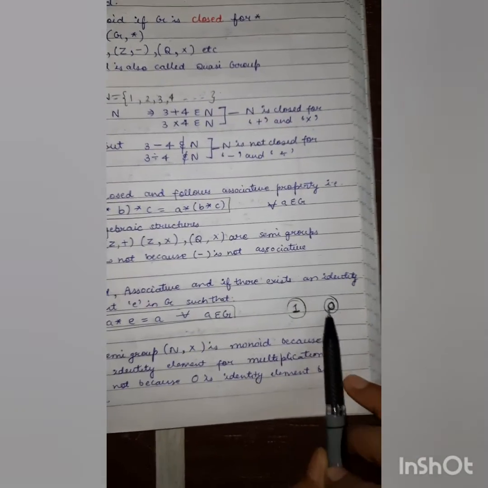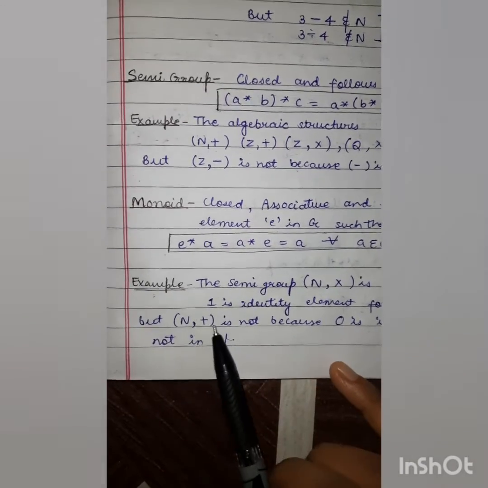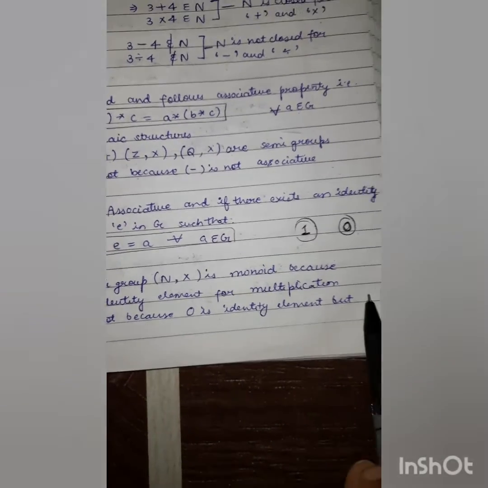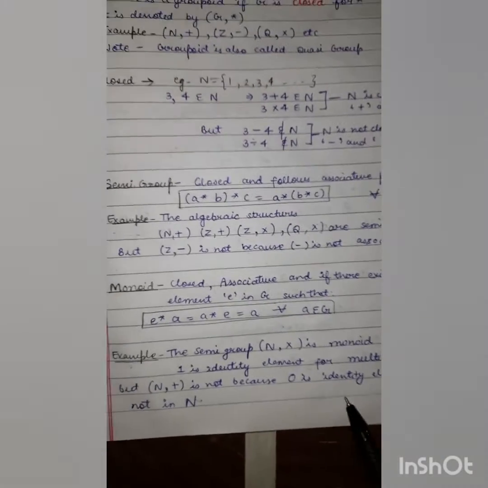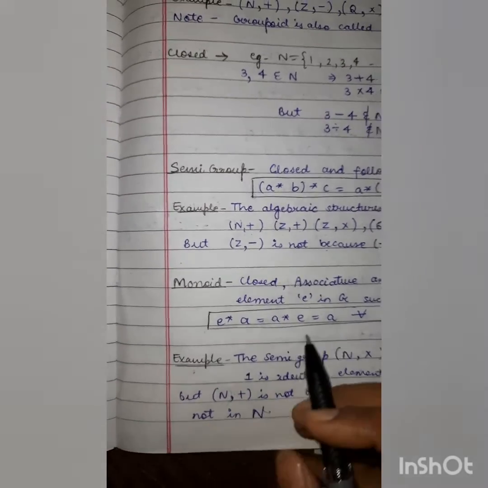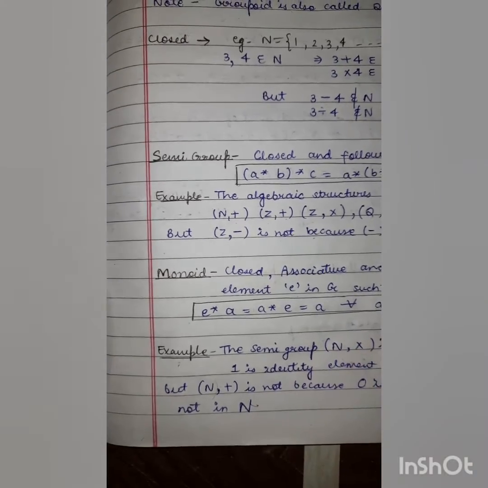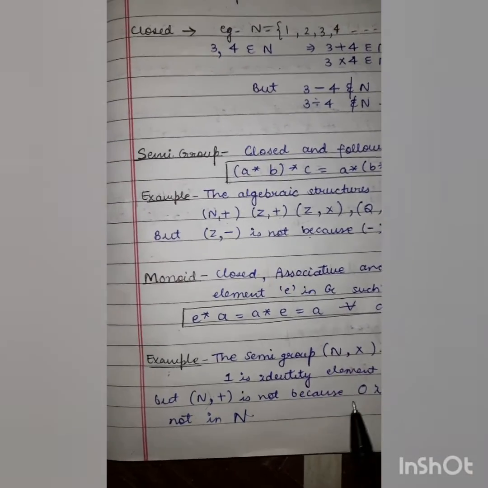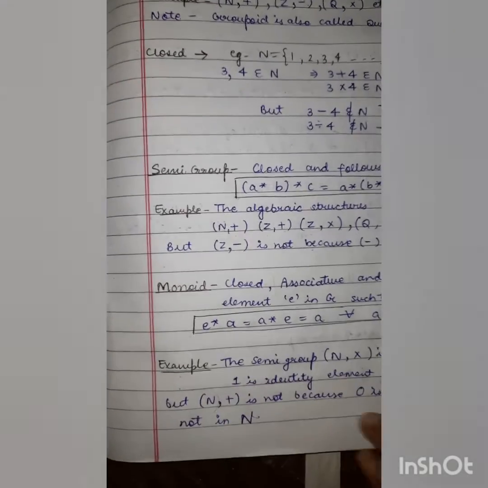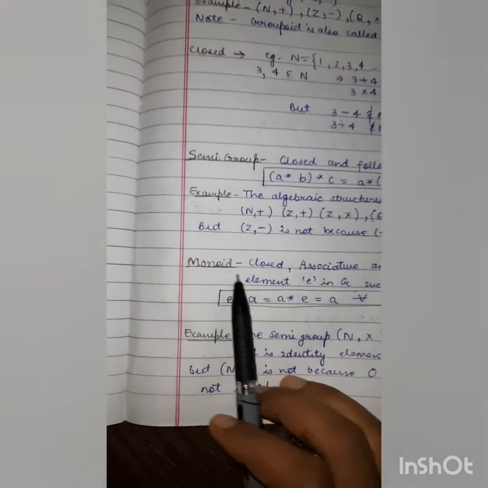So 0 is the identity element for addition, but N is not a monoid for addition because 0 is the identity element of addition and 0 does not belong to N. We already know that natural numbers start from 1, 2, 3 and so on. So 0 does not belong to the set N, so it does not follow the property, and it is not a monoid for addition.